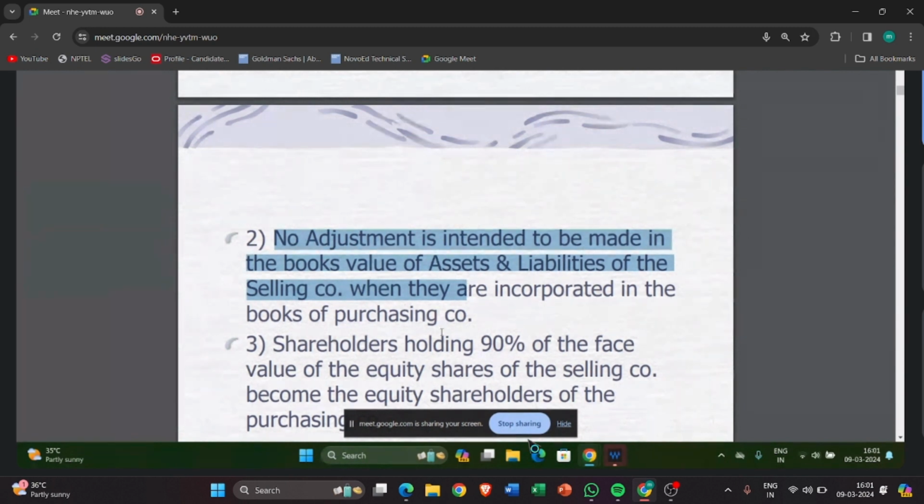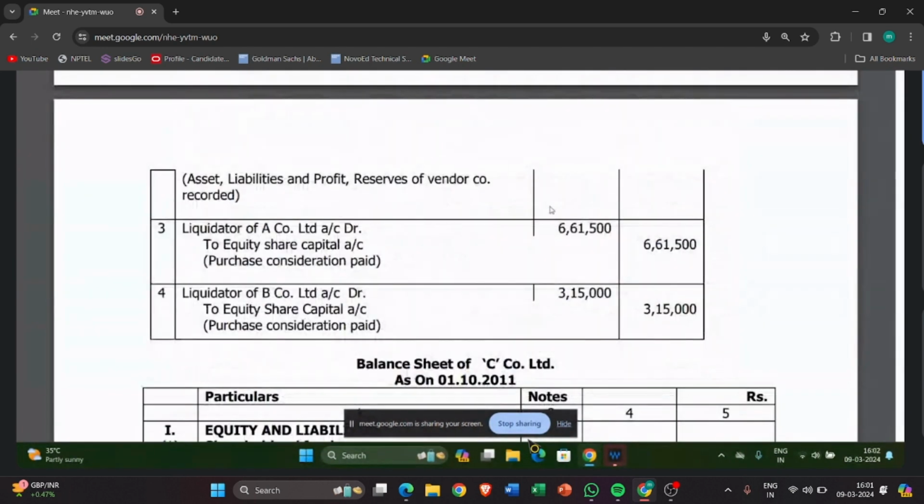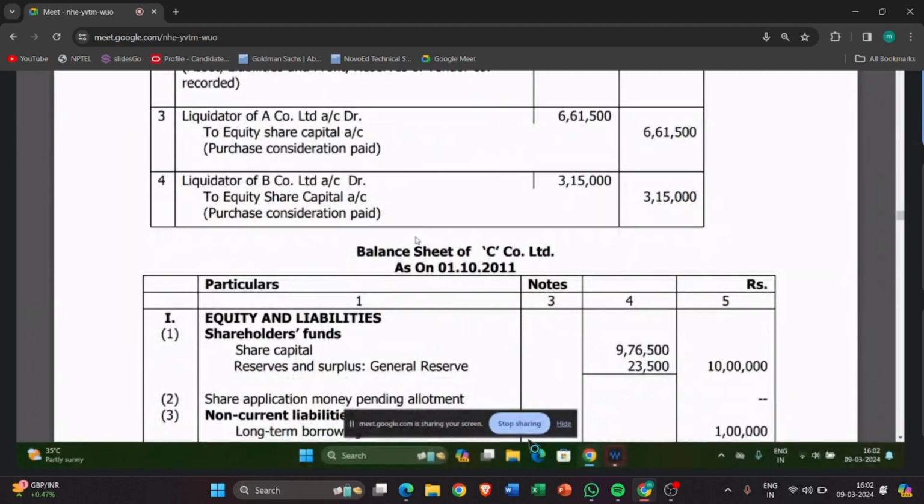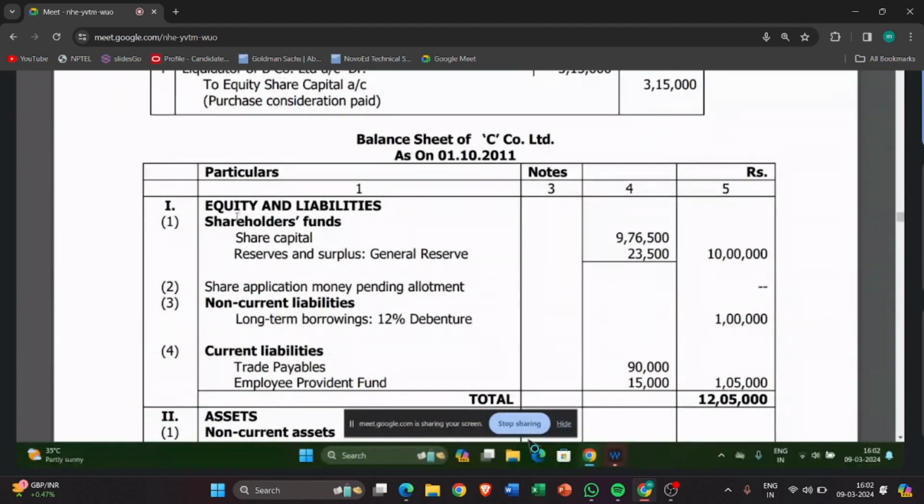Whereas in the transferee company, there will be revaluation only if it is a purchase, not a merger. Right now we are doing only merger. Here I will write authorized capital first because it is given to us. He didn't write it here, but you will write authorized capital first, and then the share capital.